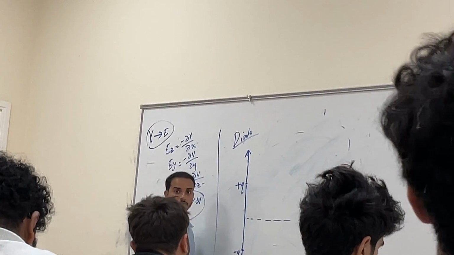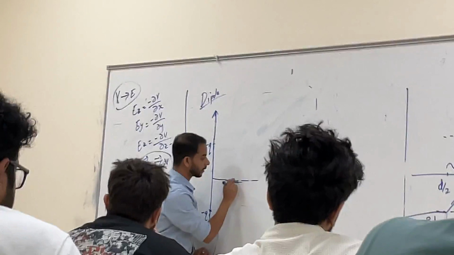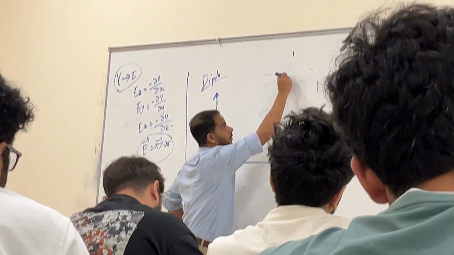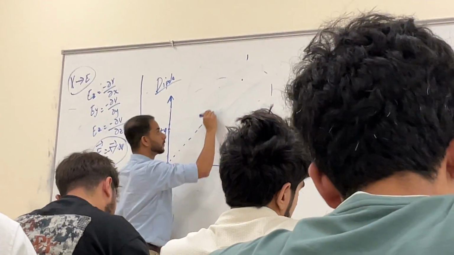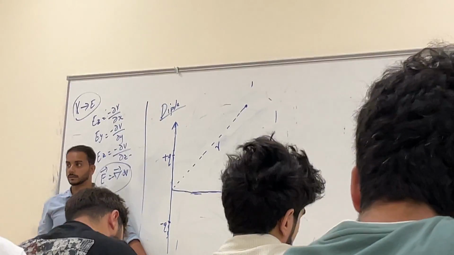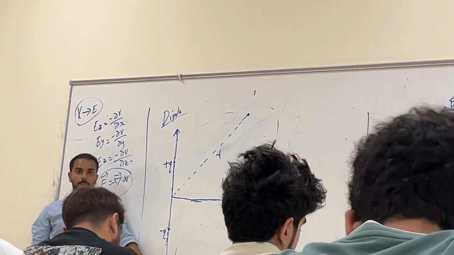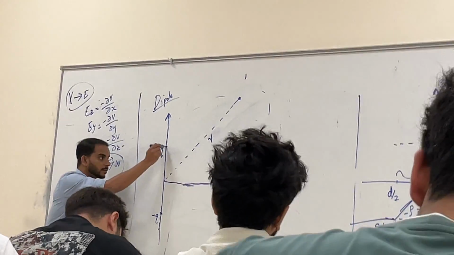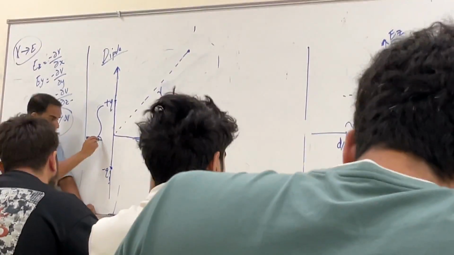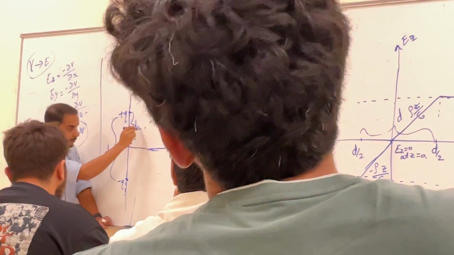I ask you to find the electric field and potential at some off-axis point, at a distance of r. How do you find the potential due to a positive charge here and a negative charge here? Since it is a dipole, we can assume that they are separated by a distance of d.